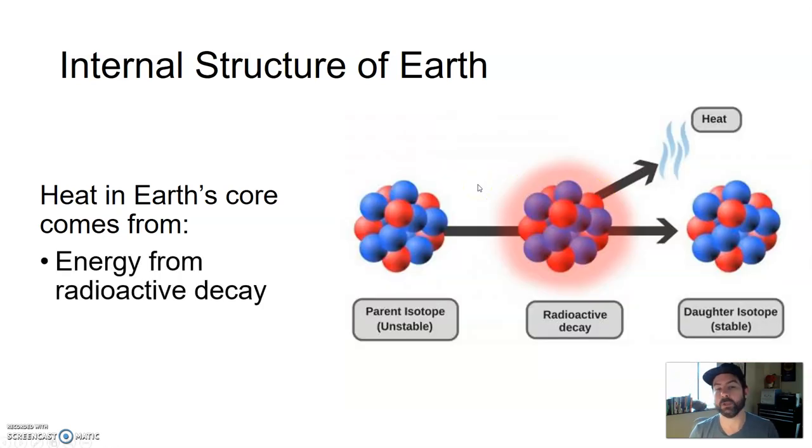Another one is radioactive decay. Now, the inner core isn't only solid iron and nickel. The outer core isn't only liquid iron and nickel. Not only there, but in the mantle as well, there's other stuff. The core is mostly iron and nickel, but there's other stuff as well. Even in the mantle, there's a bunch of other stuff, and some of that other stuff is radioactive material.